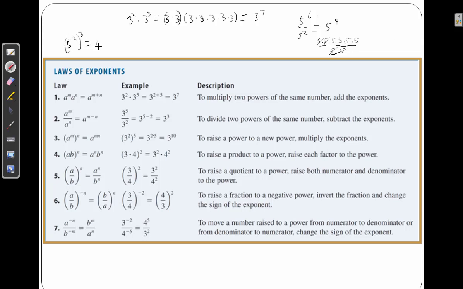By definition, that means 3 5 squareds multiplied together. And by Law 1, we just add those, and we get 6. So, if you have an exponential expression raised to a power, it's just a multiplication. So here we see in their example, 3 squared to the 5th, you multiply the 2 times 5.